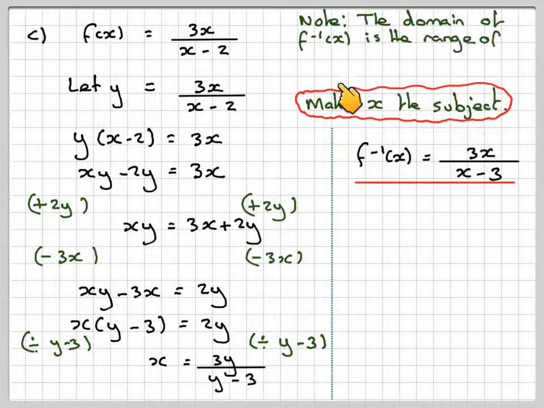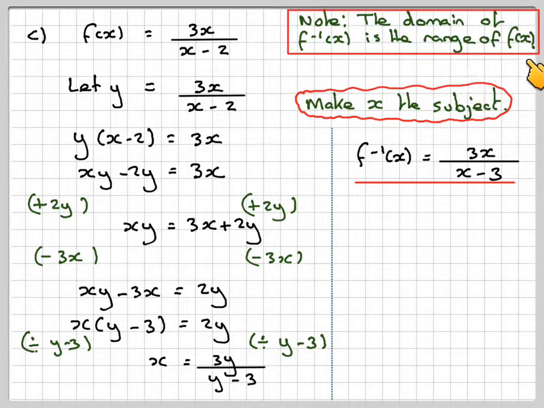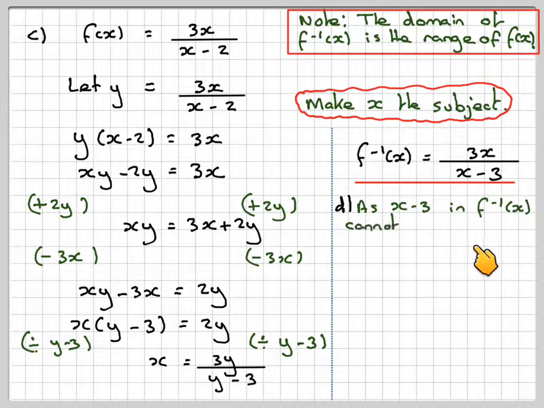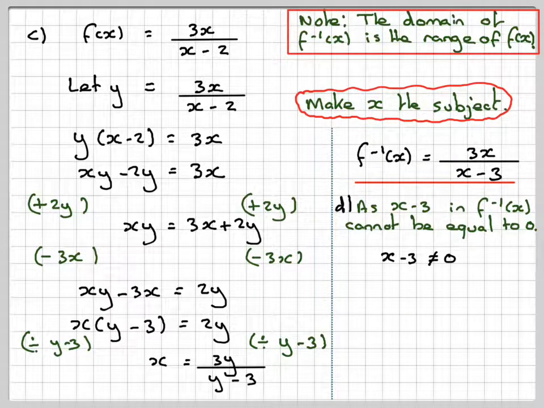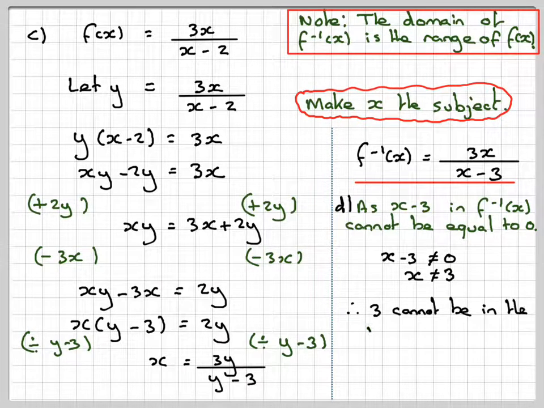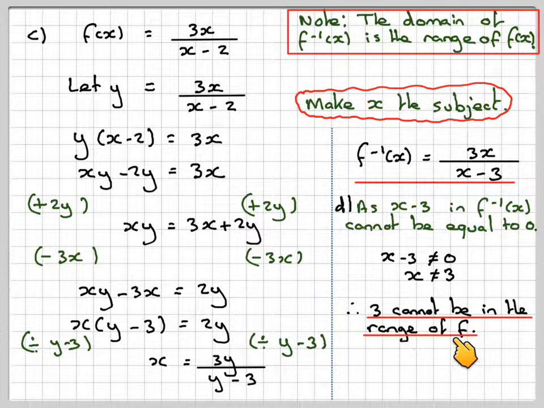So note, the domain of f to the minus 1 is the range of f of x, and therefore as x minus 3 in f to the minus 1 cannot be equal to 0, same as before, then x minus 3 is not equal to 0, and therefore x cannot be equal to 3. Therefore 3 cannot be in the range of the original function, so we're just using the inverse function here to find the range of the original function f.